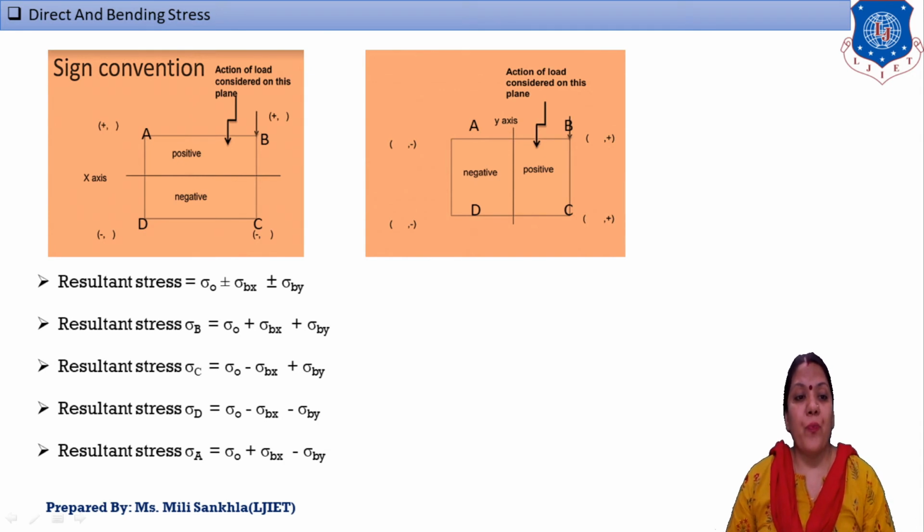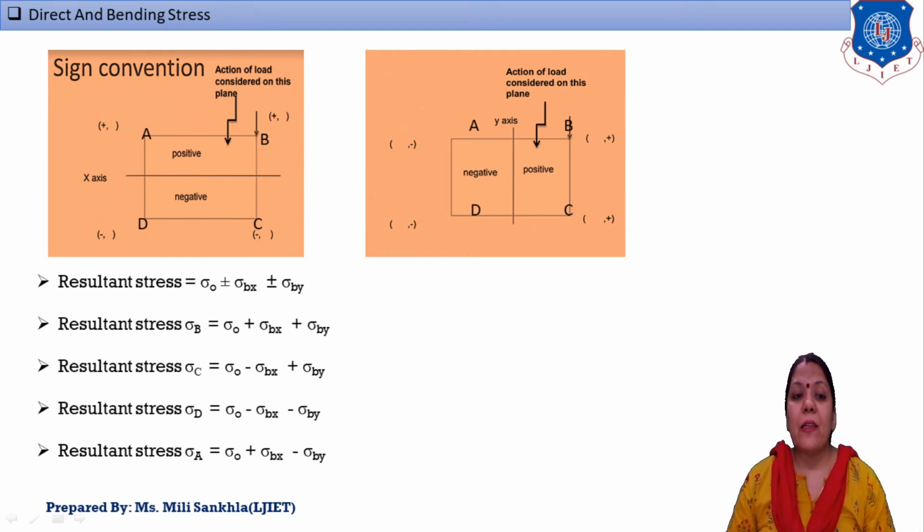Now resultant stress is equal to sigma direct stress plus or minus sigma bx plus or minus sigma by. Now take care here. At B, direct stress is given, sigma 0. At point B our value of x is positive, so sigma bx is positive, and the value of y is also positive, so sigma by is positive.